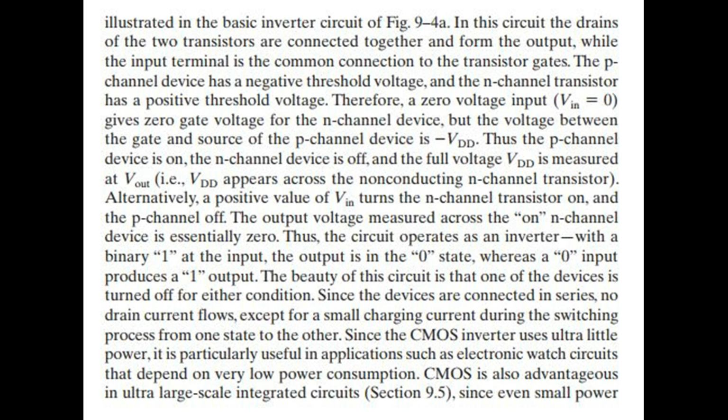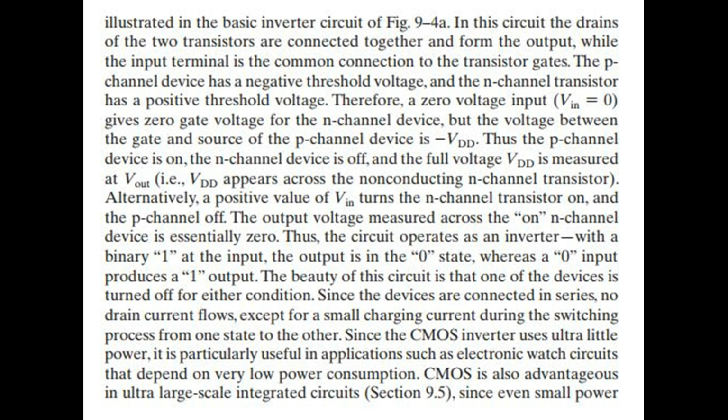Therefore, a zero voltage input, V_in equals 0, gives zero gate voltage for the N-channel device, but the voltage between the gate and source of the P-channel device is V_DD. Thus the P-channel device is on, the N-channel device is off, and the full voltage V_DD is measured at V_out, i.e., V_DD appears across the non-conducting N-channel transistor.